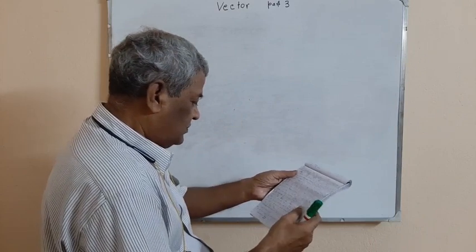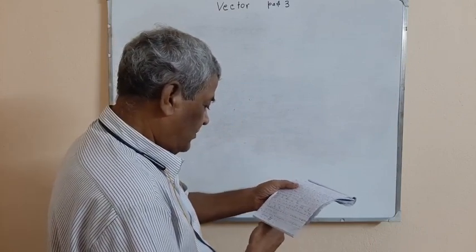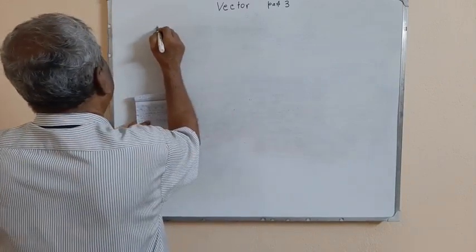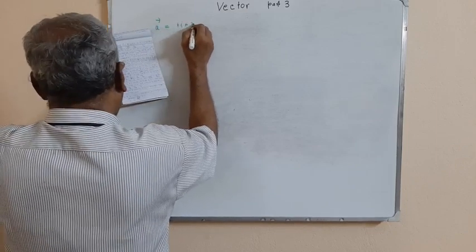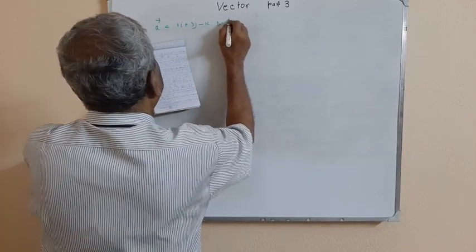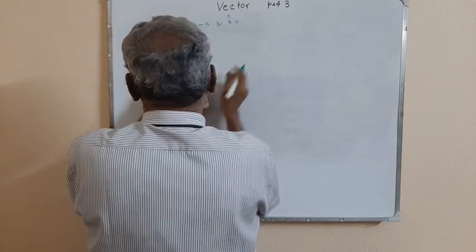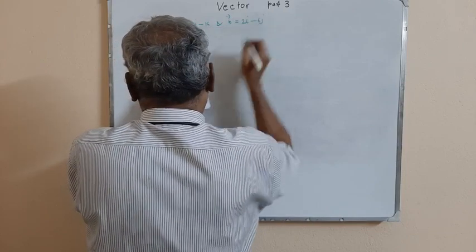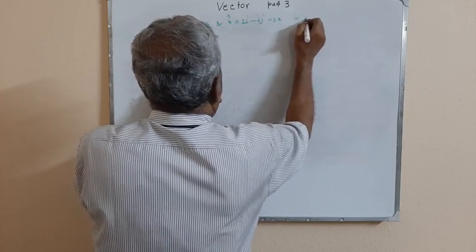Next problem is: if the angle between A equal to 4i plus 3j minus k and B equal to 2i minus 6j minus 3k is theta.